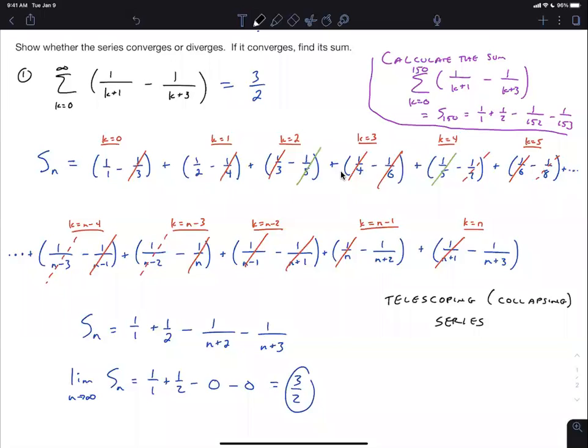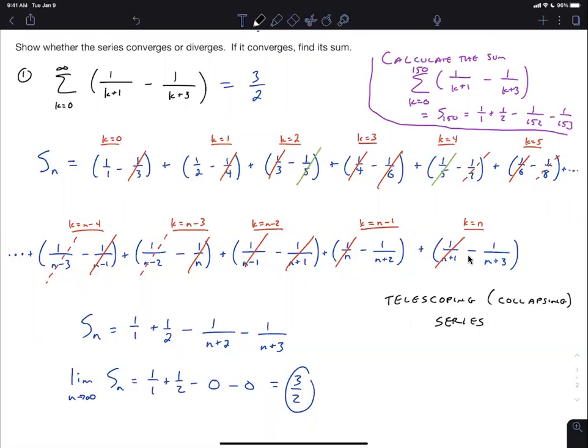Now, if you look at just the top line of this Sn, when you just say plus and so on, it looks like everything is going to cancel forever. So why don't we just say it's 1 plus 1/2?